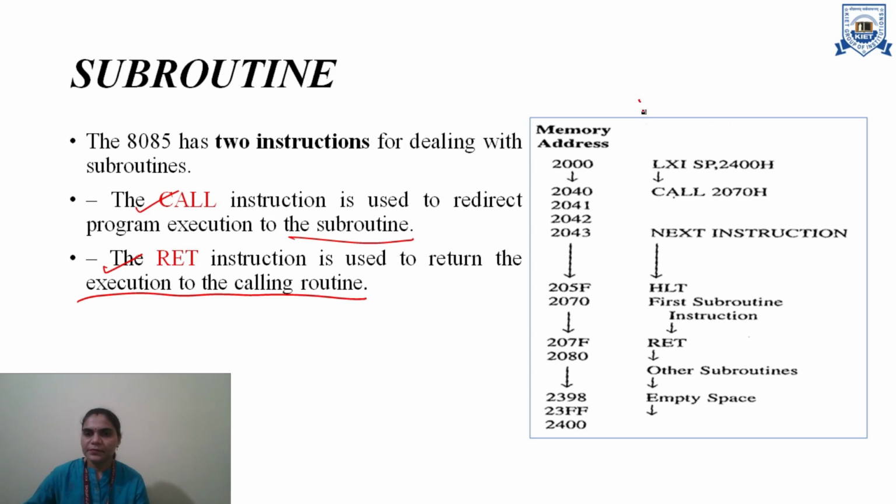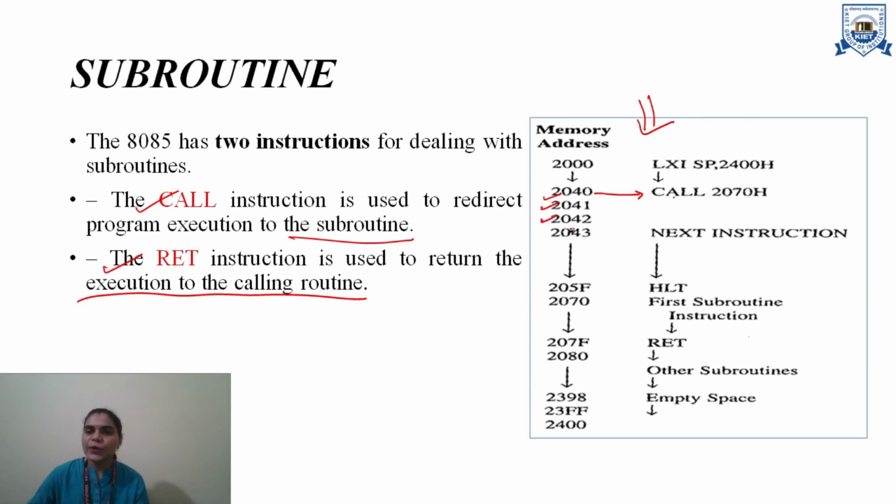In this example, you can see we have a call instruction here, call 2070, and this is a 3-byte instruction. So this instruction will require 3 memory locations: 2040, 2041 and 2042.